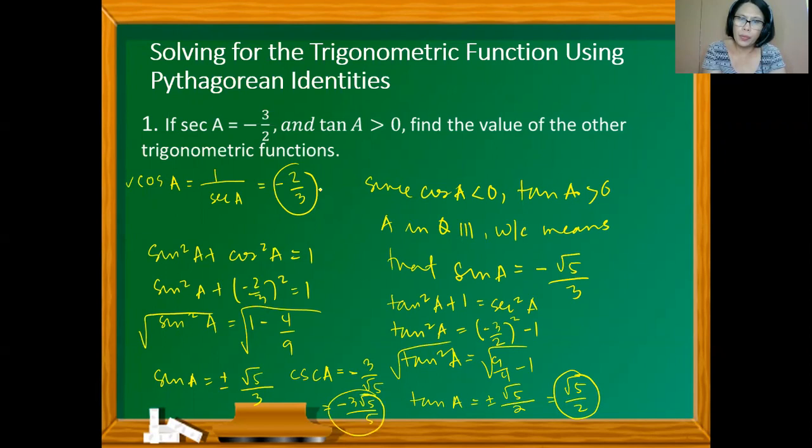So we have the value of cosine, secant, sine, cosecant. We have tangent here, and cotangent is the reciprocal of tangent. So this is 2 all over square root of 5, which is equal to 2 square root of 5 all over 5.